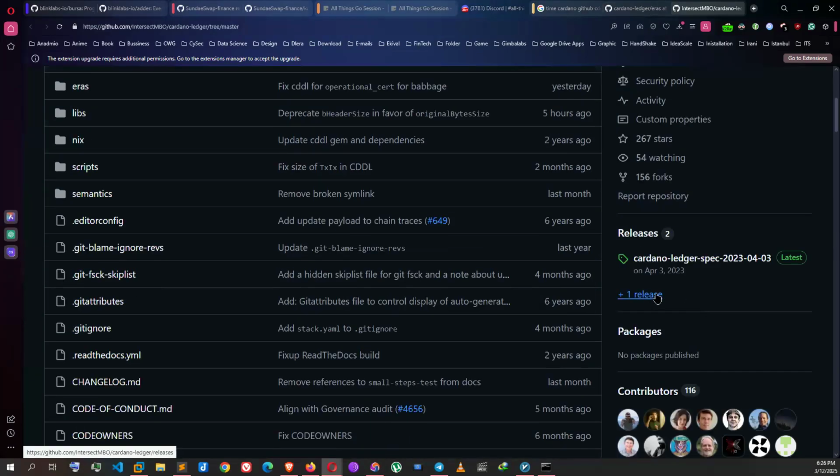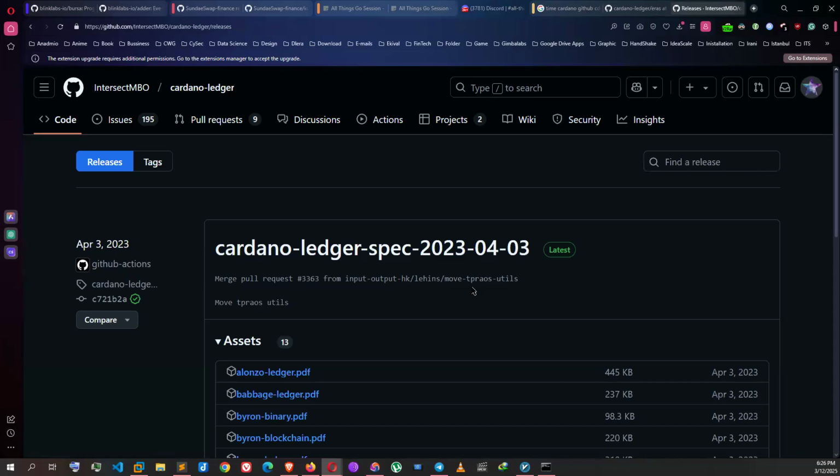Once you have this major release, in blockchain terminology we call it a hard fork, which means the things that come after it are not necessarily compatible with what came before. It might be compatible, but not necessarily.